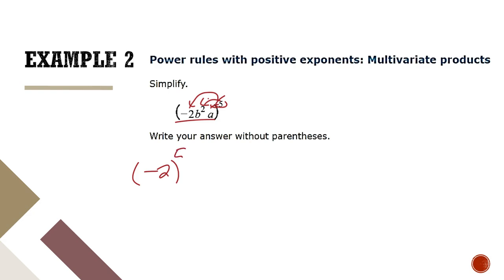We put that to the 5th power, and we have b squared all to the 5th power, and then we have a all to the 5th power. So basically I take each part of this and put it all to the 5th power and put those all in parentheses. You can do this step in your head, but I like writing it down just for reference, and then I just simplify each part and then it's good.